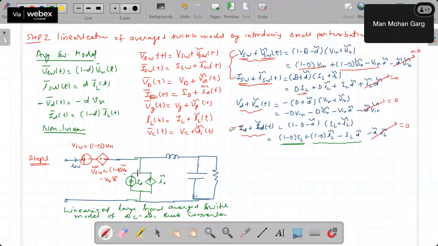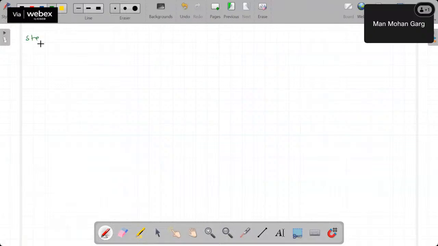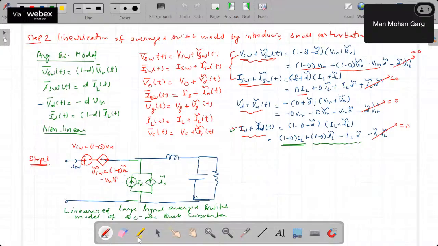Now in the next step, we can segregate the steady state part and we can segregate its small signal part. So how to do that? For that we go to a new page, next step 4, let's say, separating or obtaining the DC model and AC model. So for the DC model, for convenience, let me crop this and put it on the next page.